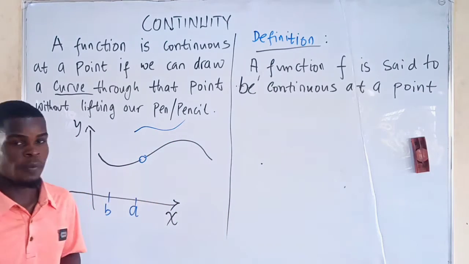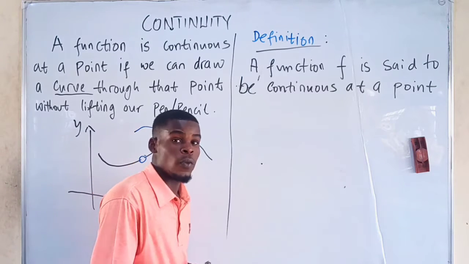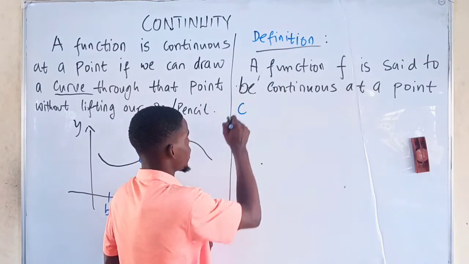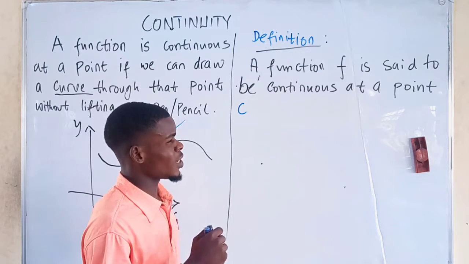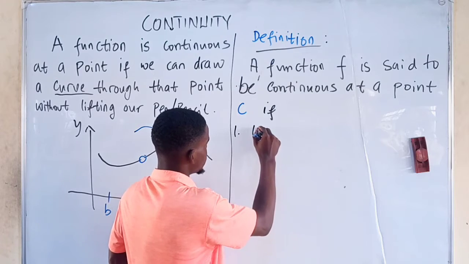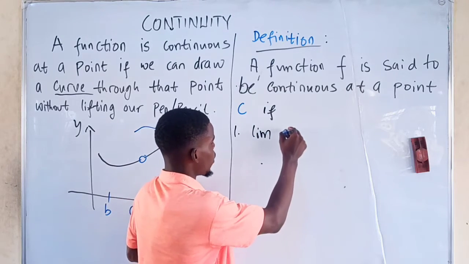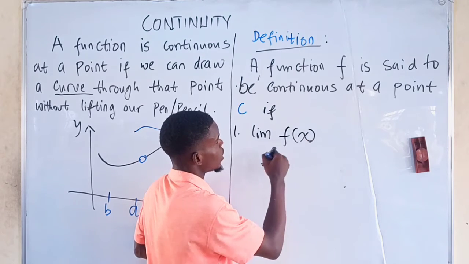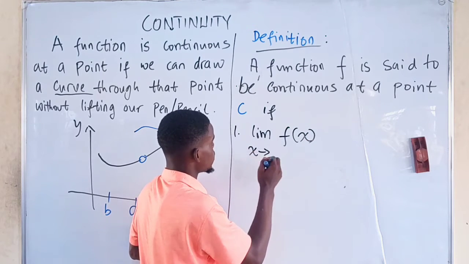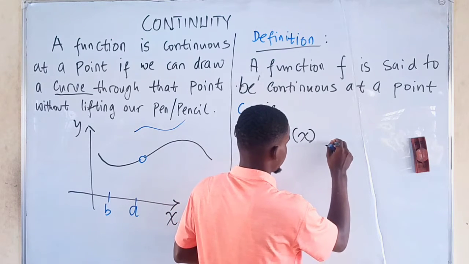Observe that in the earlier part we didn't label the point, we just said through a point. In this case, we need to show the reference point. So f is continuous at a point c if the following happens. First, the limit, which we write in short as lim, of the function f of x as x tends to c, exists.